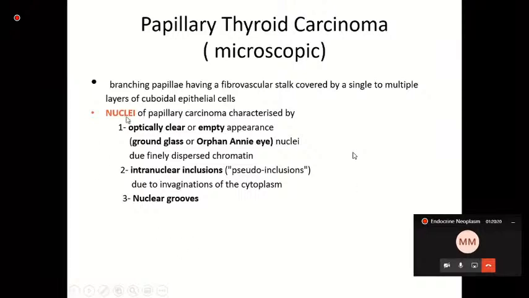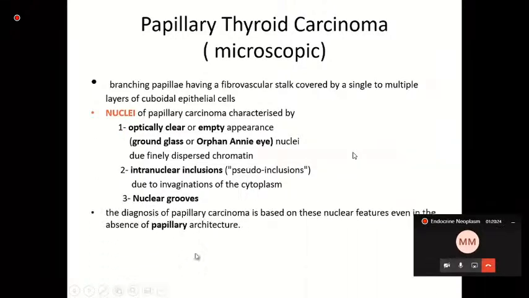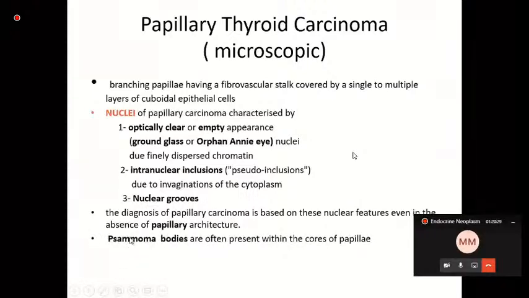So this is the characteristic feature of thyroid carcinoma. Plus psammoma bodies we can see, okay, but psammoma body is not a diagnostic feature of papillary carcinoma. We can see psammoma usually in the core of papillae, but the most important are the ground glass nuclei, intranuclear inclusion, and nuclear groove.